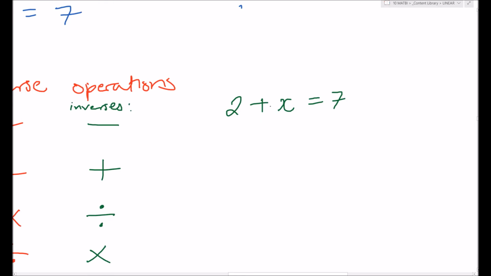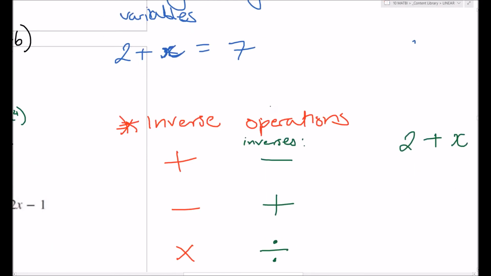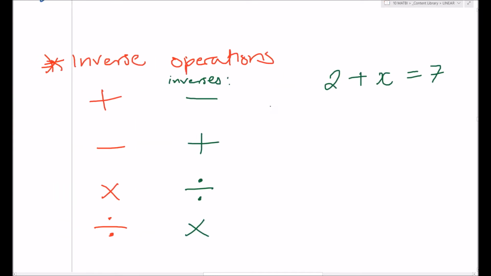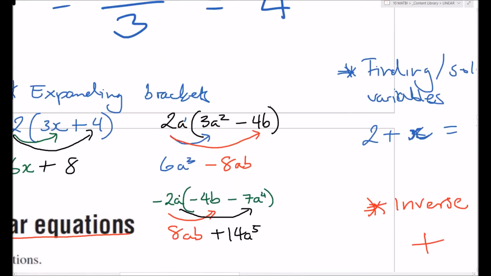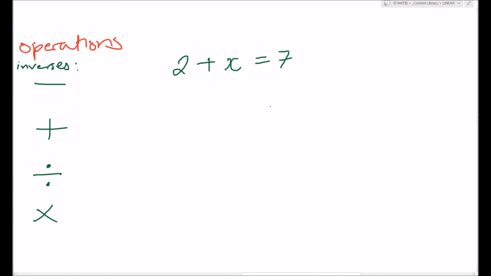So this principle here of finding the unknown or solving the unknown variables is where it'll be useful to understand what all these mean: inverse operations, putting like terms together, and expanding brackets. So in this case for now, what you want to try and do with a question like this is isolate the x, make x by itself. And in order to do that, you need to move any number on this side over to the other side.